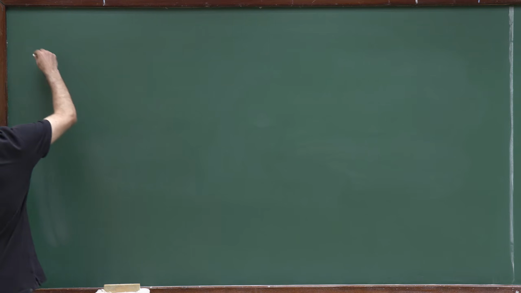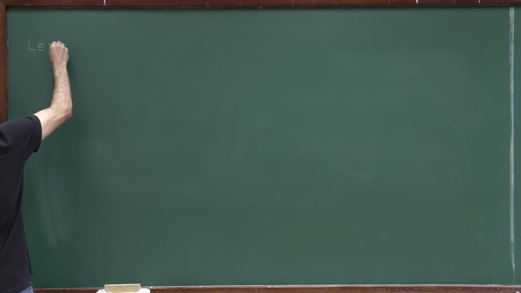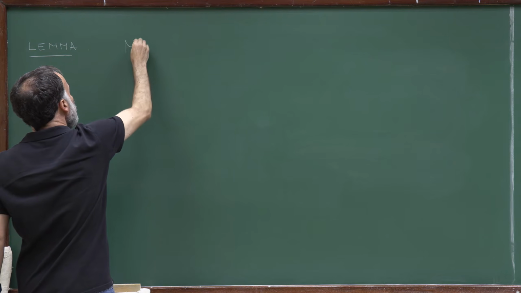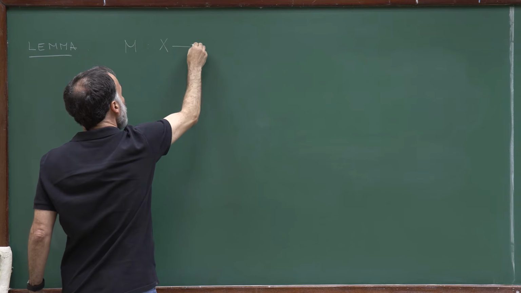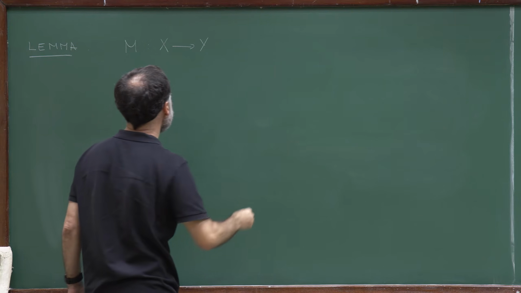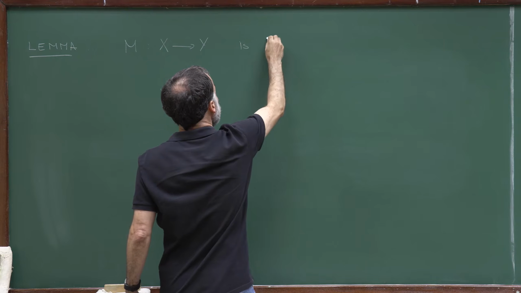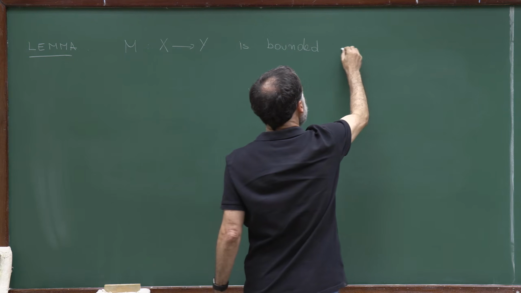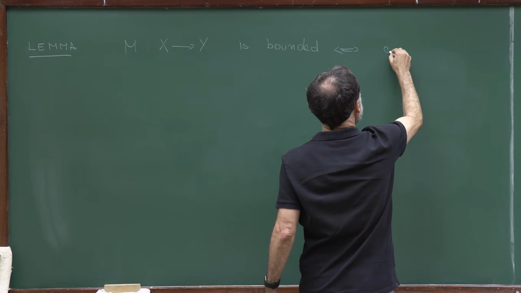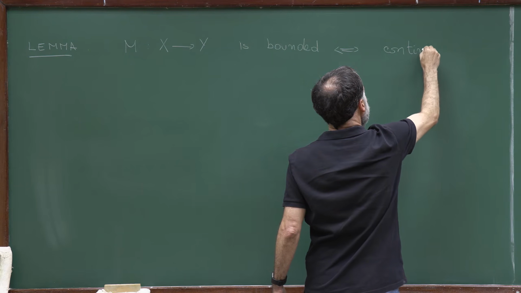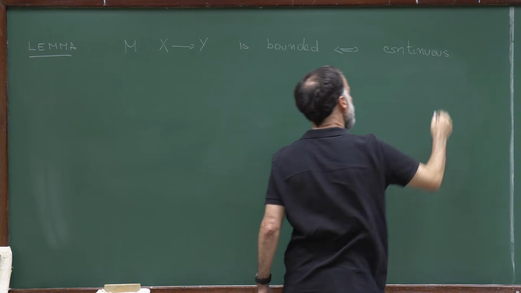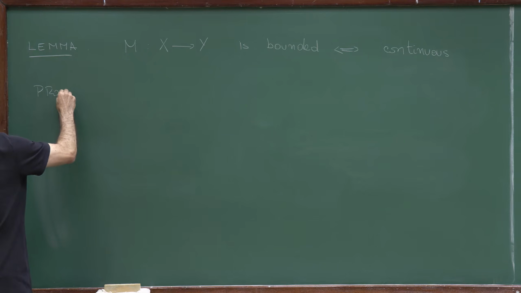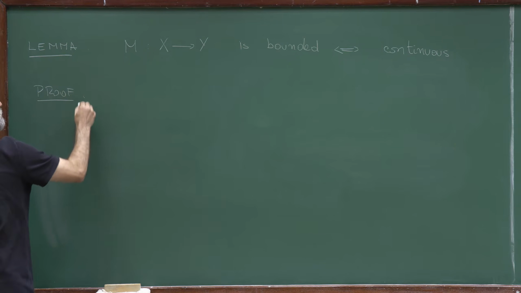So the first elementary lemma states that a linear map from X to Y, where X and Y are Banach spaces, is bounded if and only if it is continuous. And the proof is very simple.